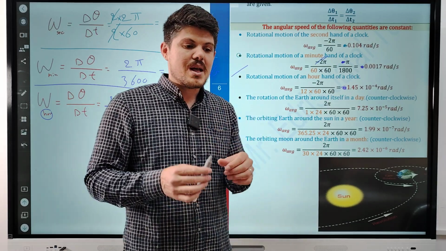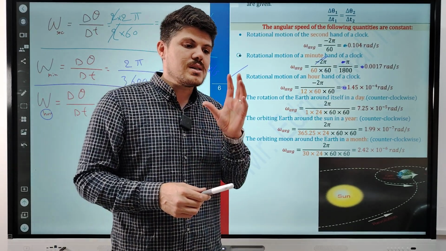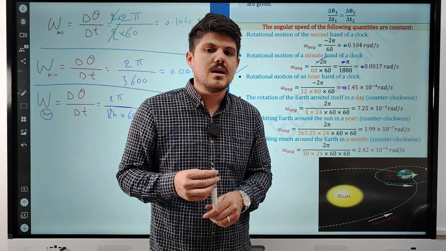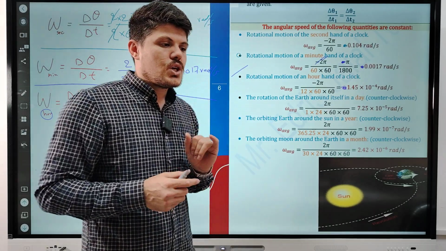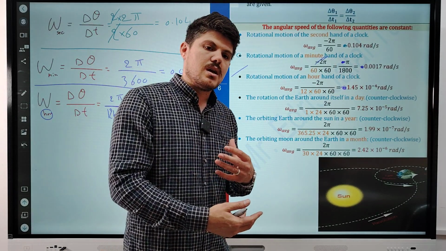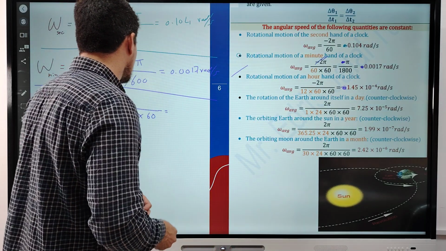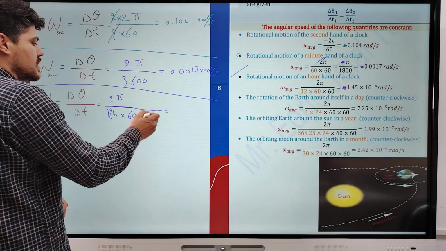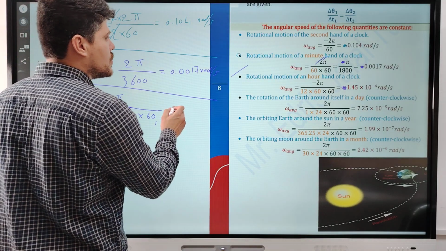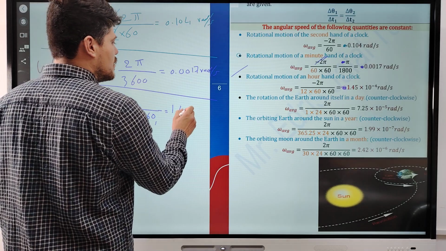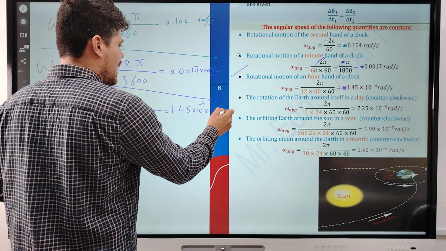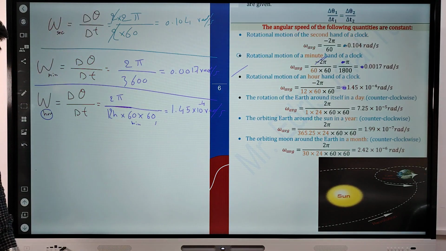Sorry, not 1 hour. 12 hours is equal to how many minutes, multiplied by 60, and how many seconds, multiplied by 60? 12 times 60 times 60, and the result is 1.45 times 10 to the power negative 4 rad per second.